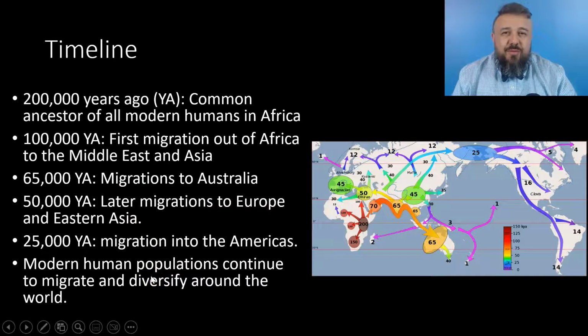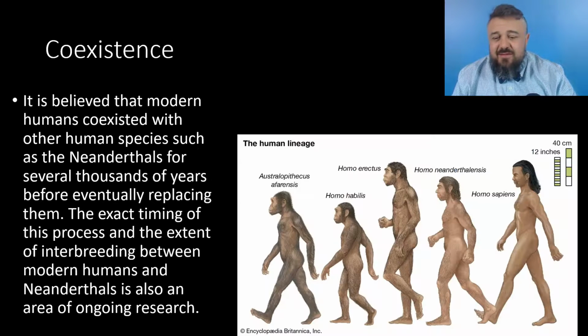And the modern human populations continue to spread around the world and diversify now, which has led to some more interesting changes and cultural shifts. It's phenomenal that we have such an open world these days. It's believed that we actually coexisted for a long time with other human species, such as the Neanderthals, and Homo floresiensis, closer down to the islands near Australia.